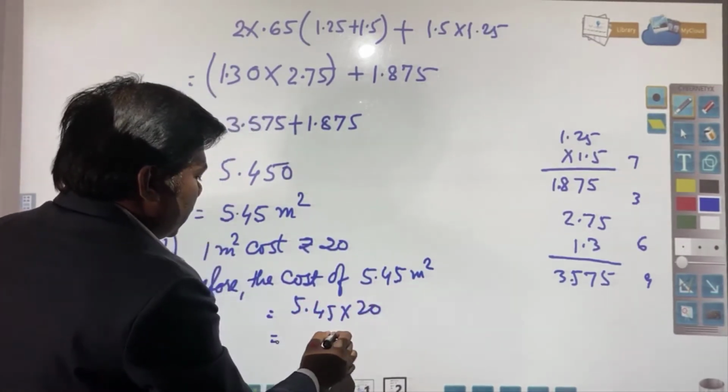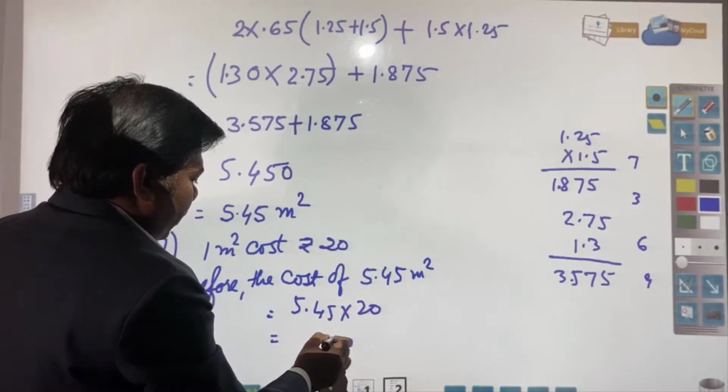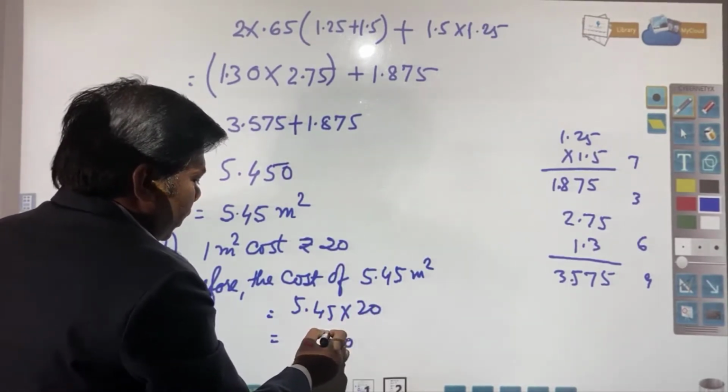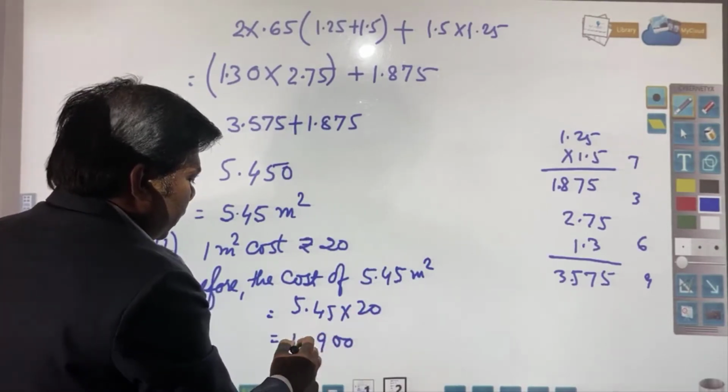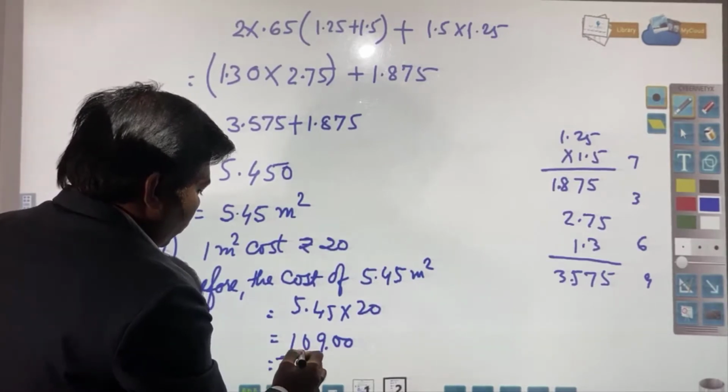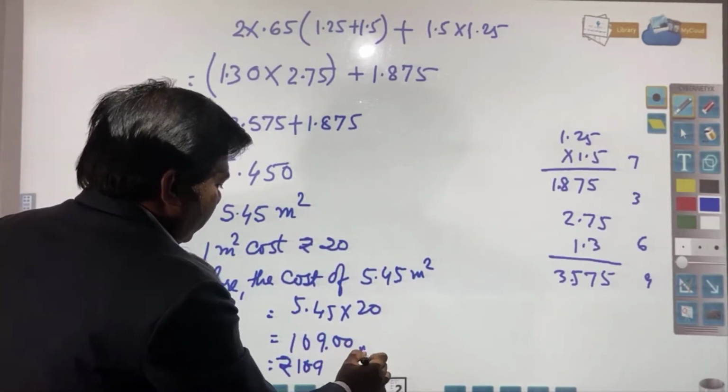You multiply this: 0 0, 2 5 10, 2 4 8 and 1 is 9, 2 5 10. The decimal will be here. It means rupees 109, and this will be your answer.